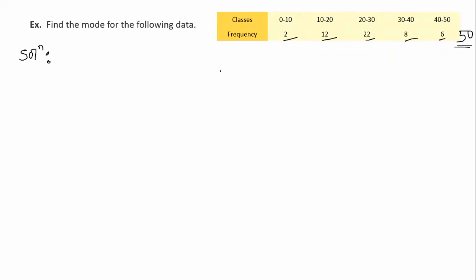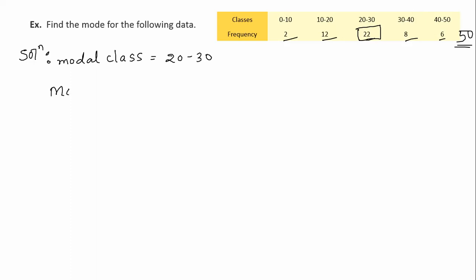That is, this is the data of 50 observations which has been distributed into 5 classes. Small f is simple frequency. Okay. And now we see the maximum frequency is 22. So I can say that the modal class is equal to 20 to 30.